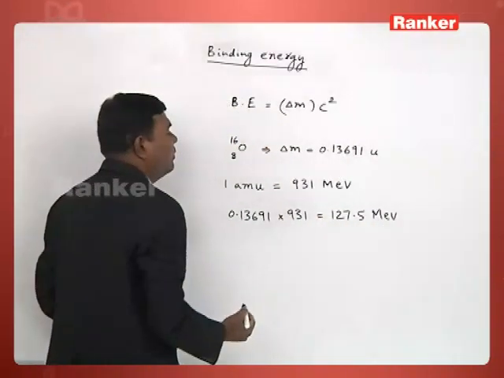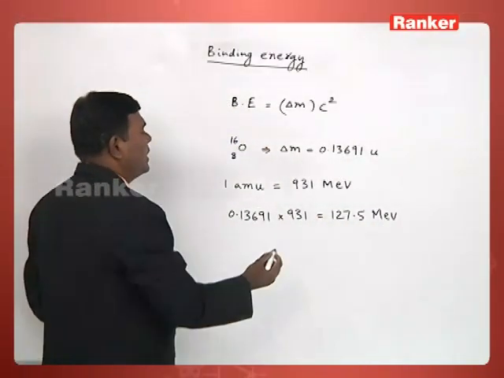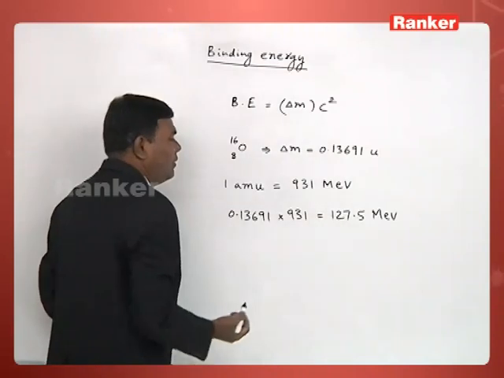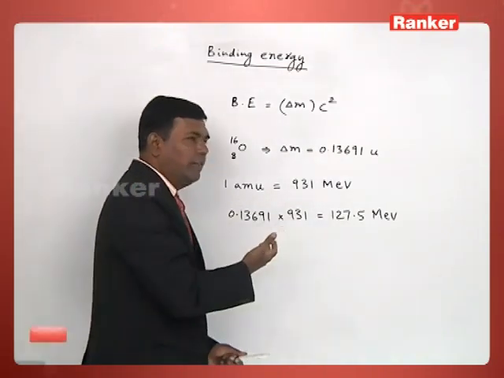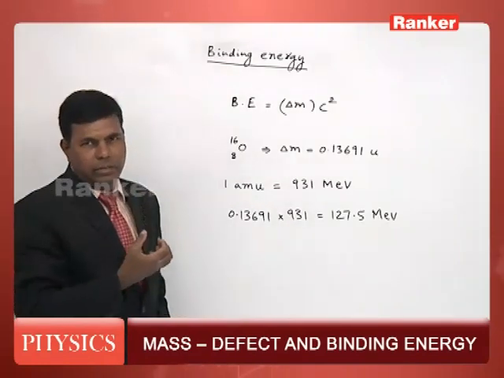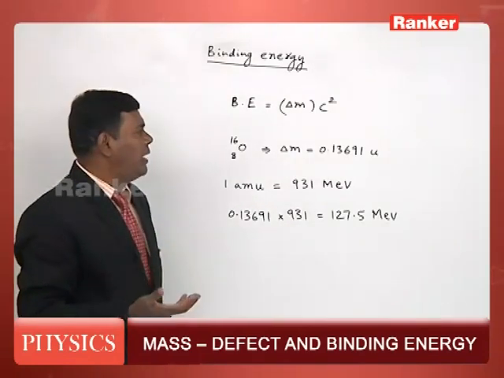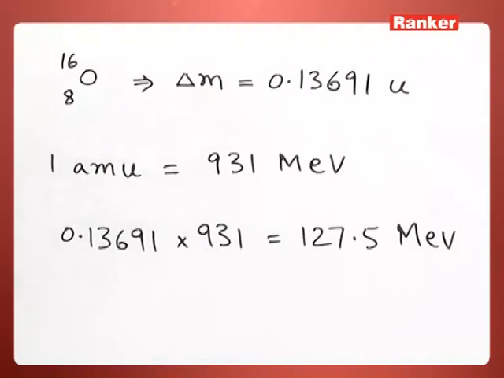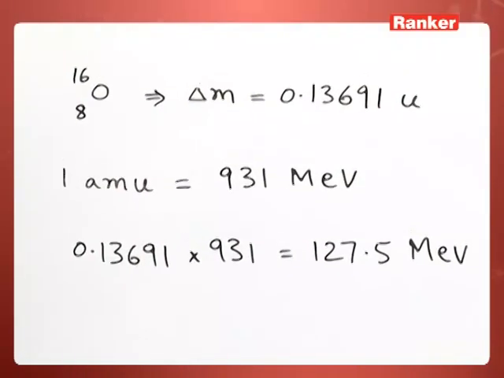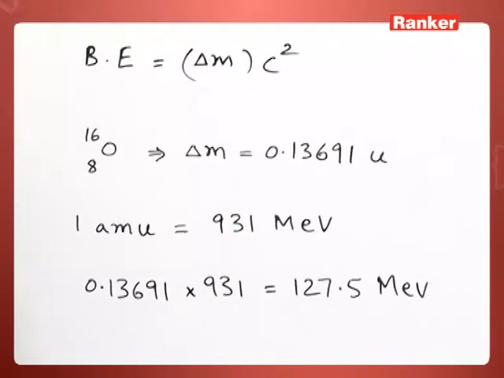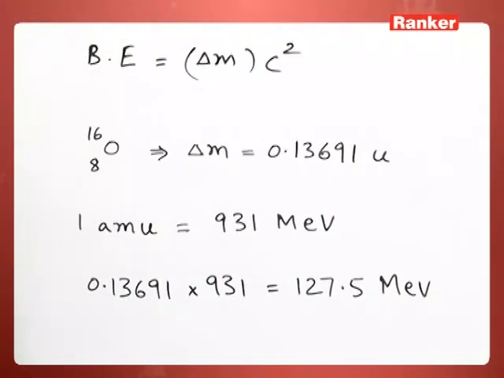This is what we call the binding energy of the oxygen nucleus, which is equal to 127.5 million electron volts. How we got that is, we took the mass defect of the oxygen nucleus multiplied by c square. That is the binding energy in the case of the oxygen nucleus.